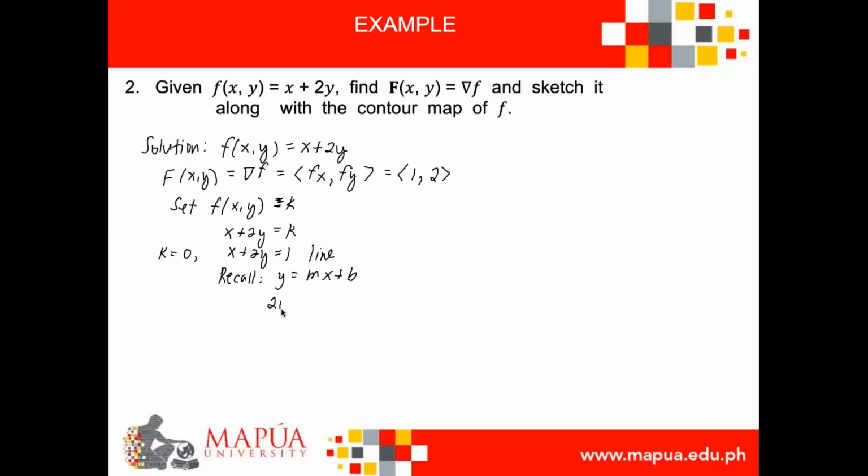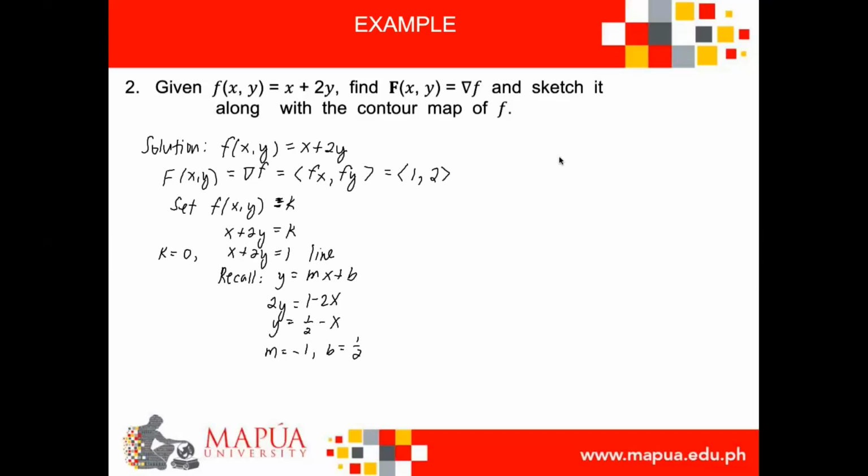We can express y in terms of x. This will now be 2y equals 1 minus x. And solving for y, this will be equal to 1/2 minus x over 2. So in here, our slope is -1/2, and the y-intercept is defined by b, which is now 1/2.